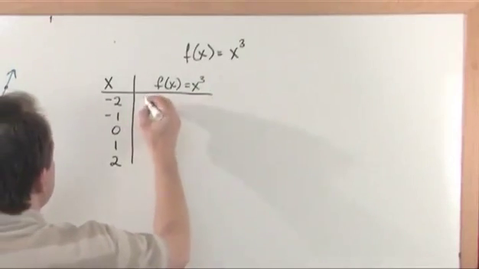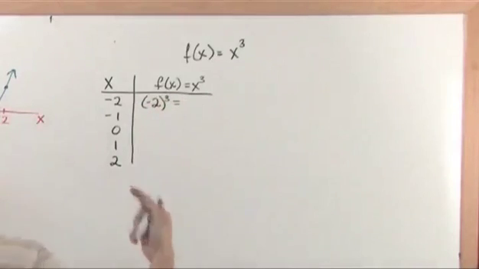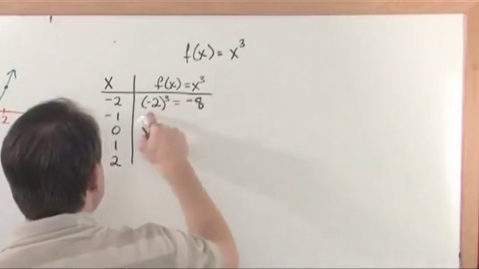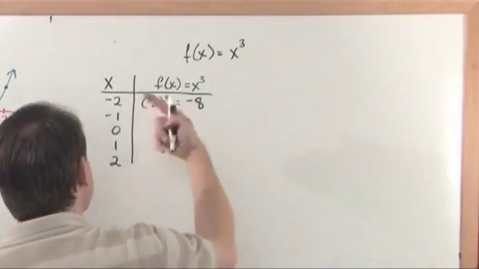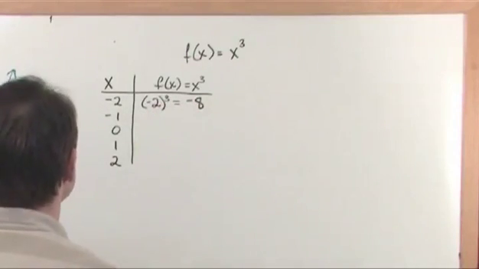For the first one, I have -2 cubed, which is -2 times -2 times -2. So I'm going to have -8. You should convince yourself of that. Negative times negative gives me positive, times another negative gives me negative, and 2 times 2 times 2 does give me 8, so it's -8.